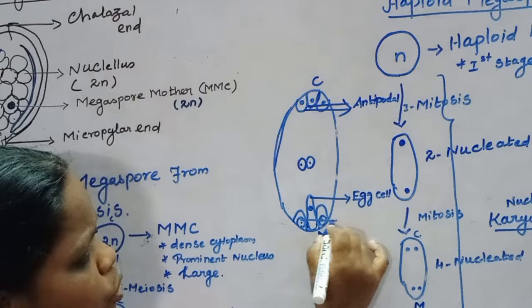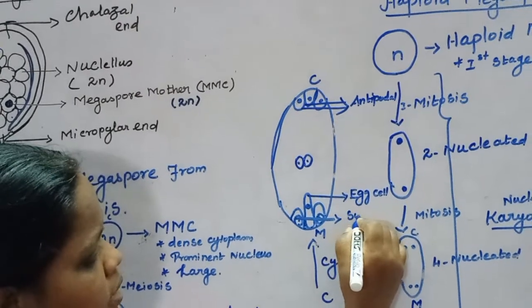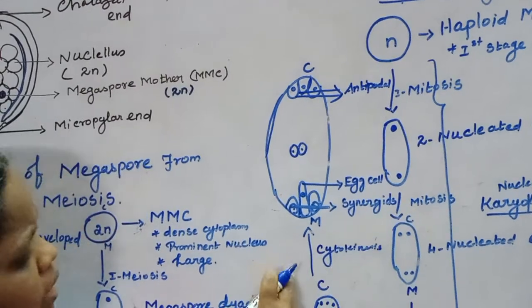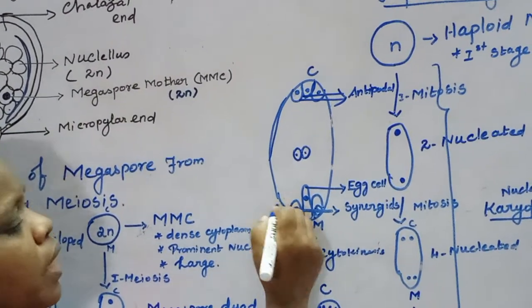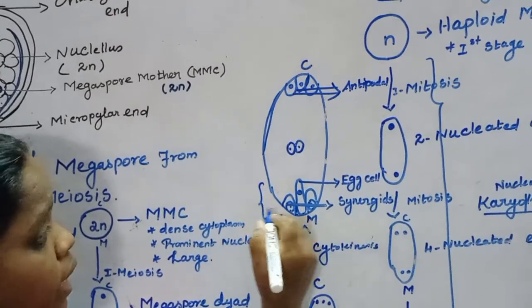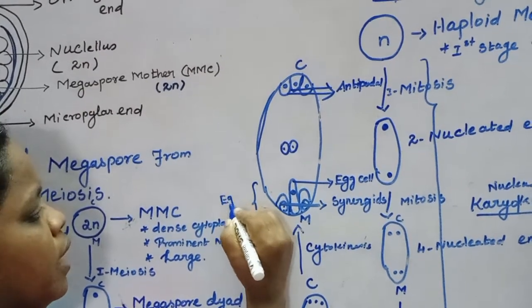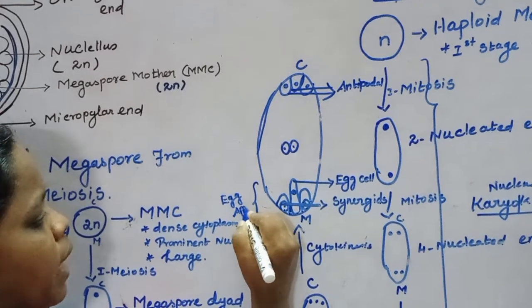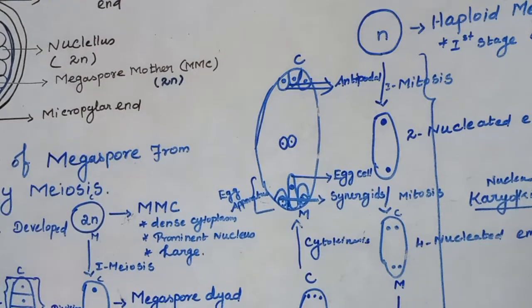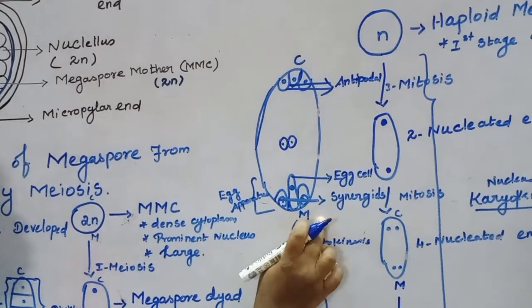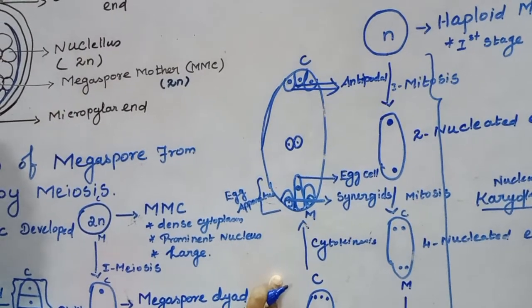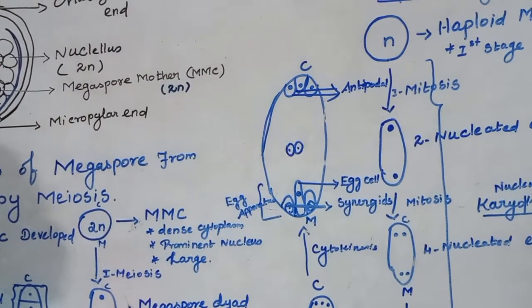The remaining 2 are called synergids. The synergids and the egg cell together are called the egg apparatus. Are you clear? What is the egg apparatus? The egg cell and synergids, located in the micropylar end of the embryo sac, are called the egg apparatus. In the middle, what is there? Polar nuclei are there.